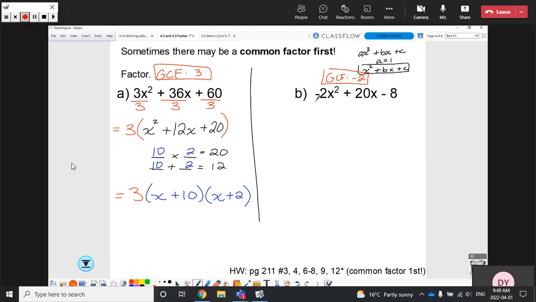So we're going to divide this by negative 2, this by negative 2, and this by negative 2. And I'm sure you know that when you divide by a negative, you got to be extra cautious here because things will start changing signs. So for example, we're going to get a positive x squared, a minus 10x, and a plus 4.